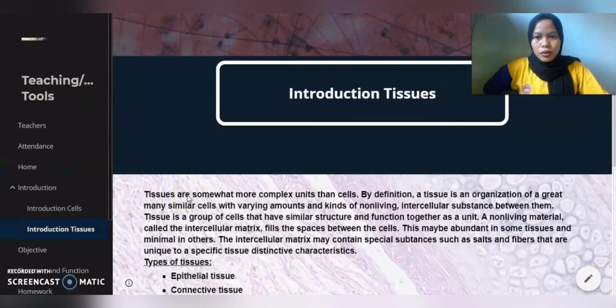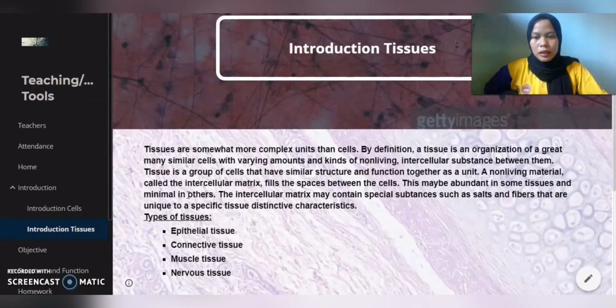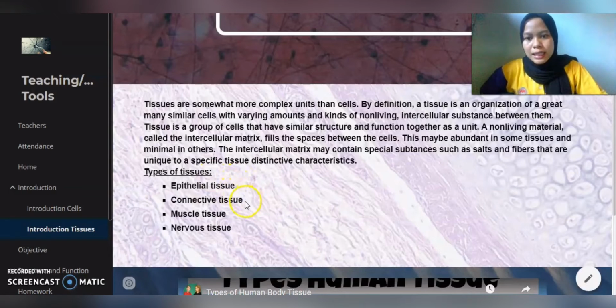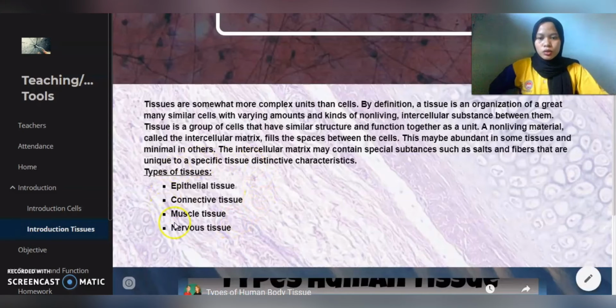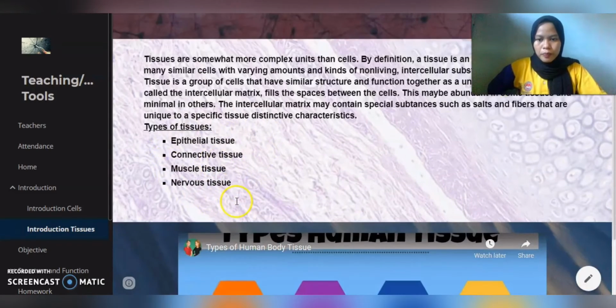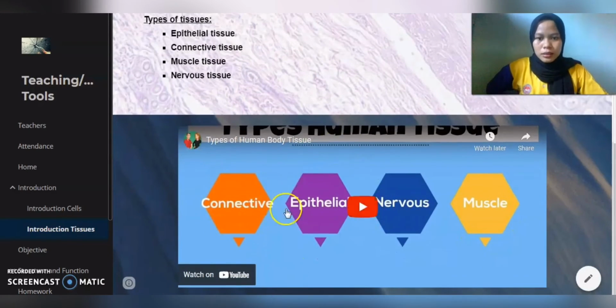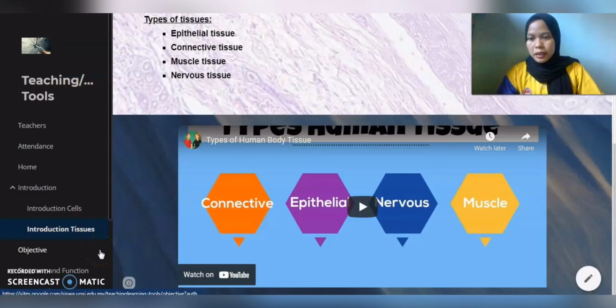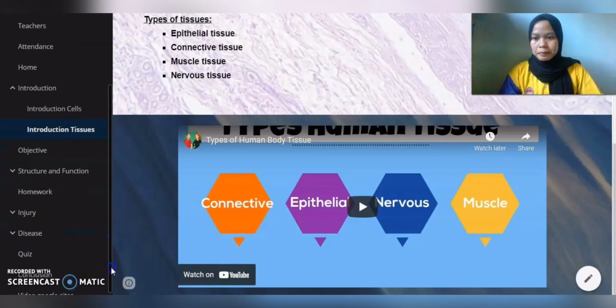For tissues it is the same here: the explanation and the types of tissue, which are epithelial tissues, connective tissues, muscle tissues, and nervous tissues. We can go through the types after this. So here is the video that you can take a look at for more understanding.